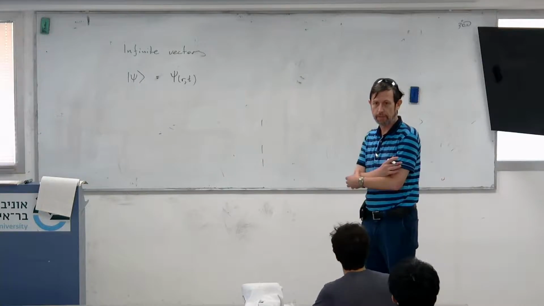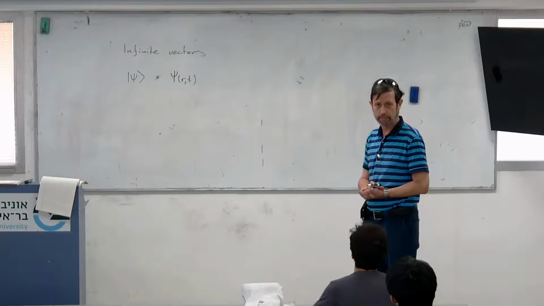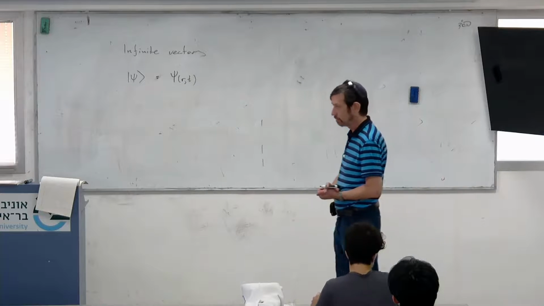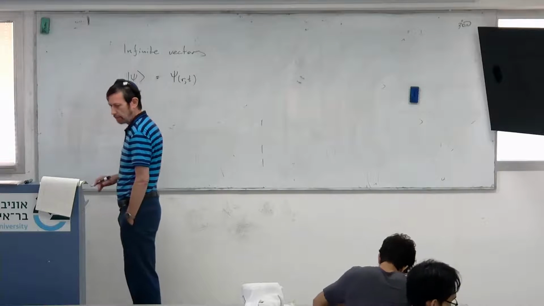Just an infinite vector. The indices are r and t. But actually, let's leave it here.